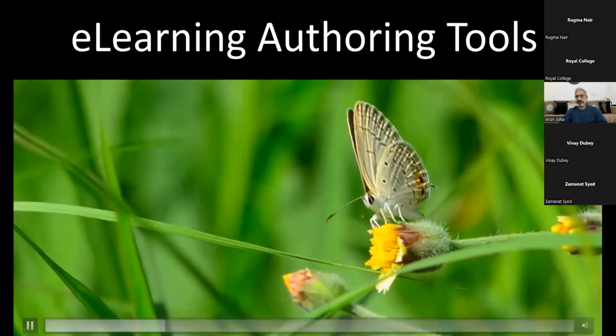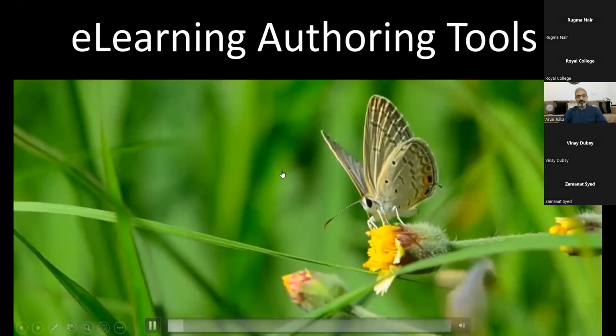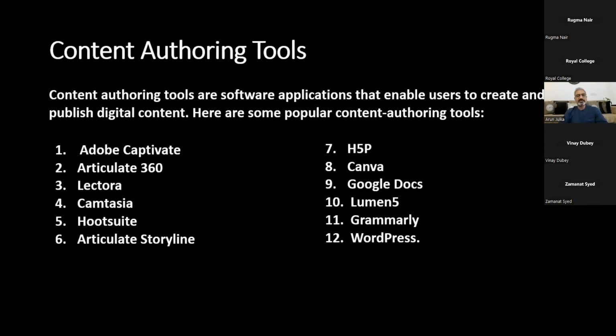First we say we have so many authoring tools available. You can use Adobe Captivate, Articulate, Lectora, Camtasia, Hootsuite, Articulate Storyline, H5P, Canva, Google Docs, Lumen5, Grammarly, WordPress. But I think it's very difficult to cover all the things. I will share all this with you.